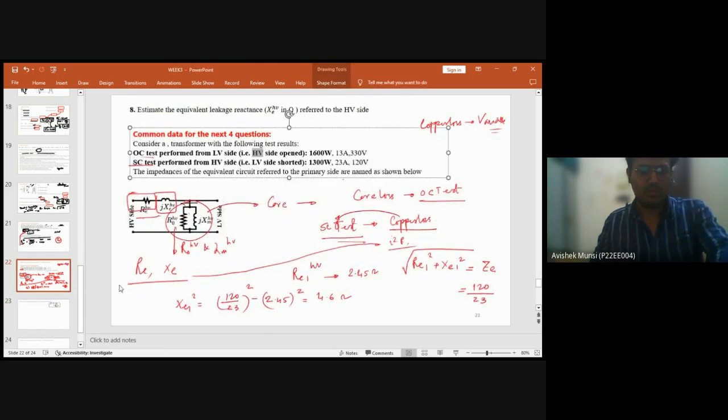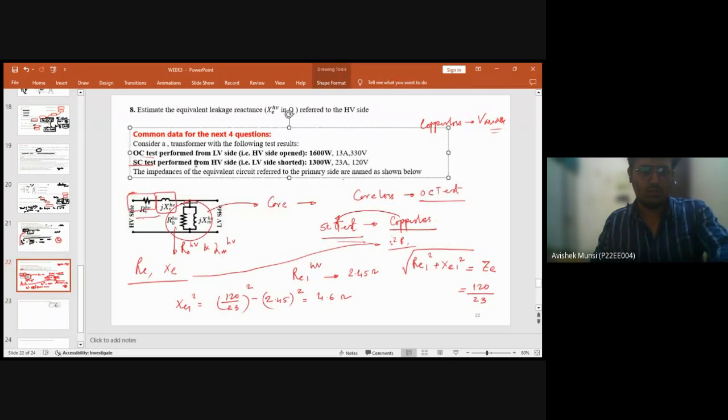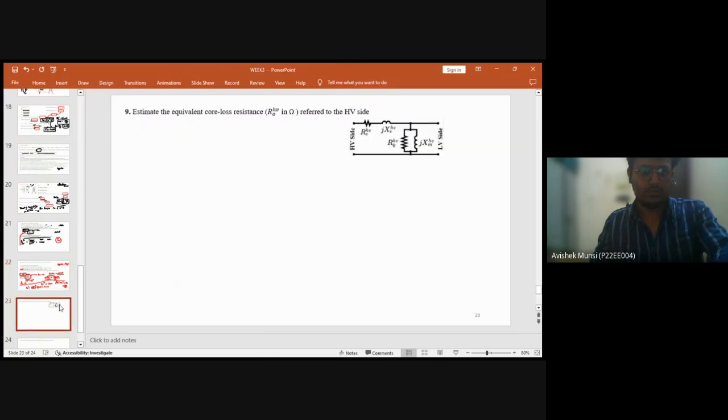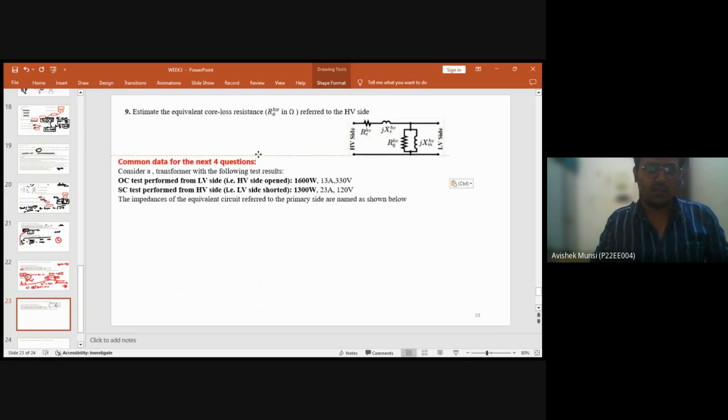This is the final. In this question, you have to calculate R naught, and in the next question, you have to calculate X naught. Okay. So try to calculate both the questions. I'm giving 5 minutes. Now we have to go through the open circuit test because you have to calculate the core loss components. Okay. Fine.